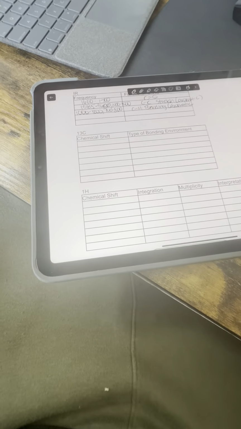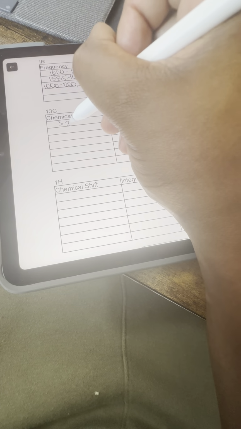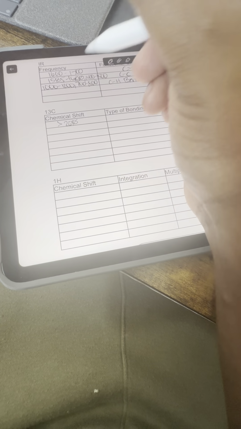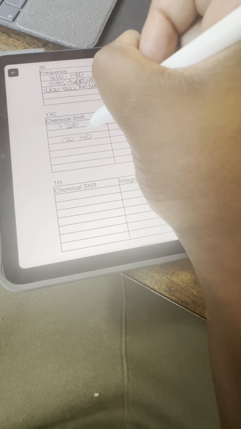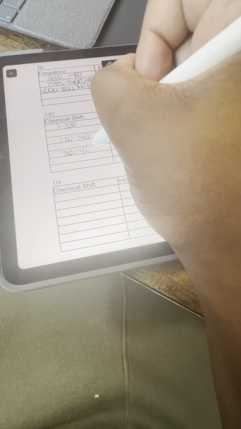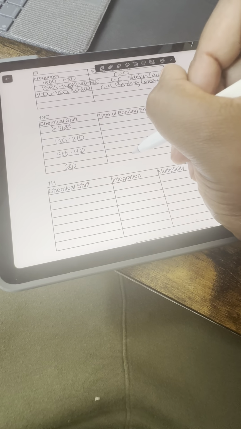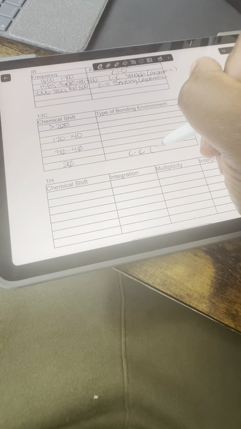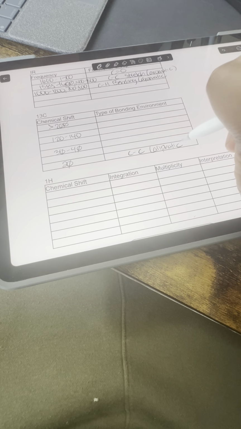Next we do the 13C, or the carbon 13. We said the 200, and I'm just going to split these up a little bit: 120 to 140, then the 30 to 40, followed by the 20. Now we'll start from the bottom here. On the 20, we said it was a C-C bond, and that was aliphatic.